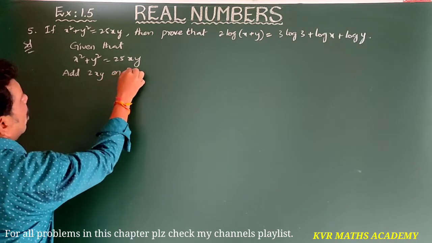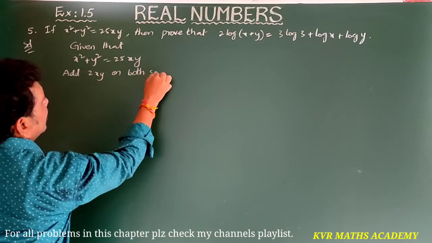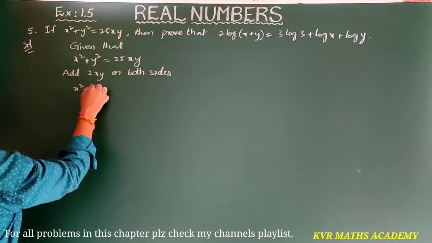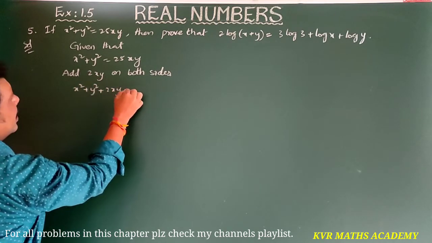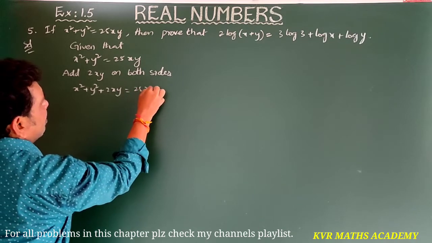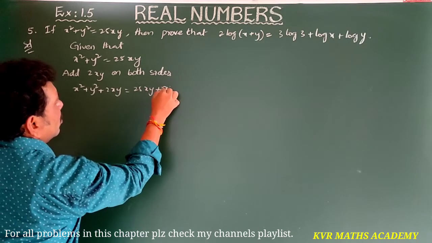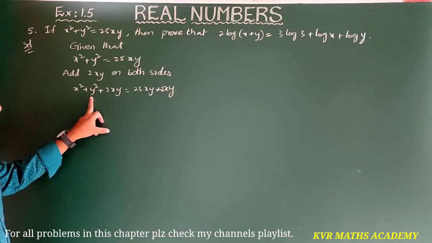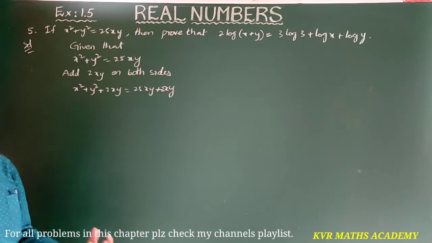Add 2xy on both sides. That is x square plus y square plus 2xy is equal to 25xy plus 2xy. Now it is in the form of a square plus b square plus 2ab, which means a plus b whole square.